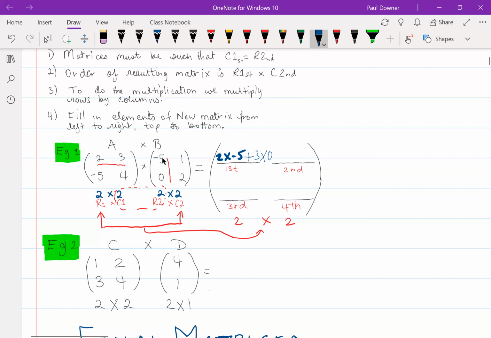The next one will come here, but that'll be this row by this column now.